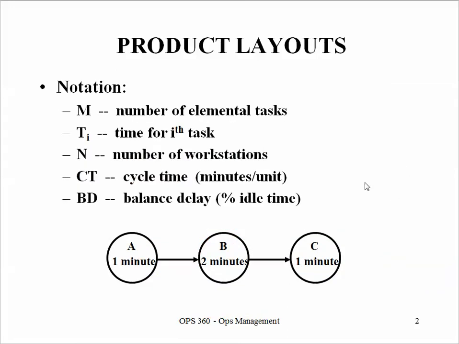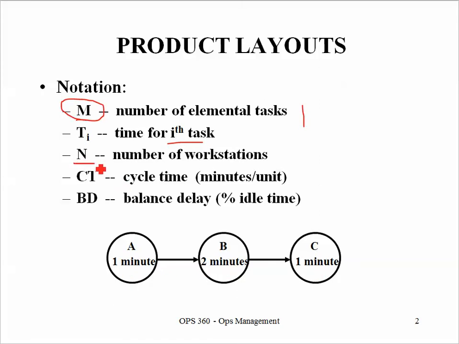A simple formula with a little notation enables us to quantify that percentage of idle time. So here's the same example with the 3 tasks in the 3 different workstations. Suppose there are 3 elemental tasks. Well, I've got 3 here, and I'll call that, in general, M. And I know the time for the ith task: 1 minute here, 2 minutes here, 1 minute there.